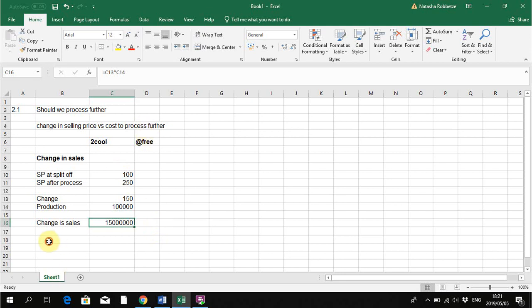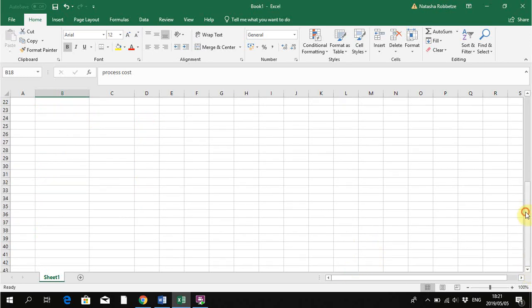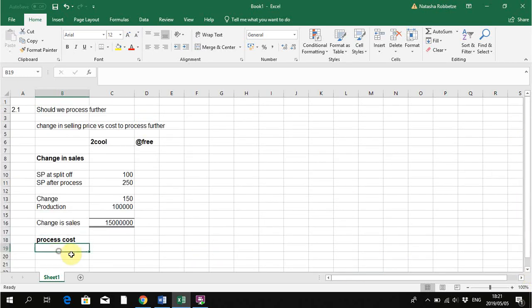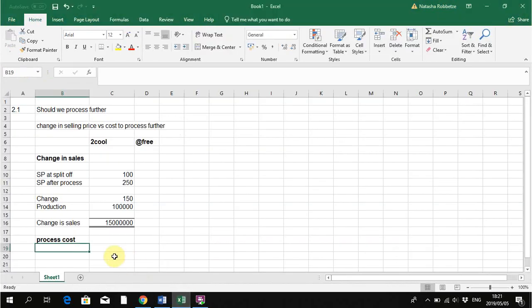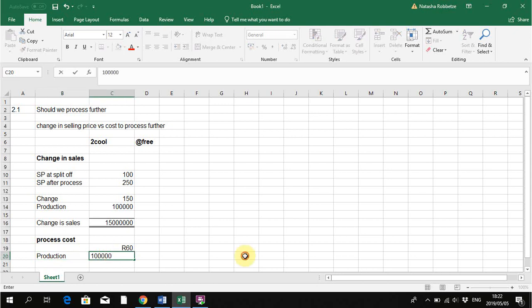Then we must also look at the process cost. They tell me in the question that it is 60 Rand. So the process cost is 60 Rand, and the production of this product is still 100,000 units.